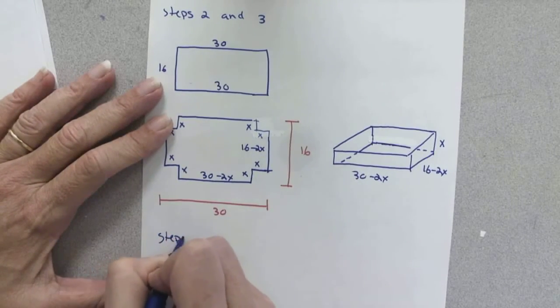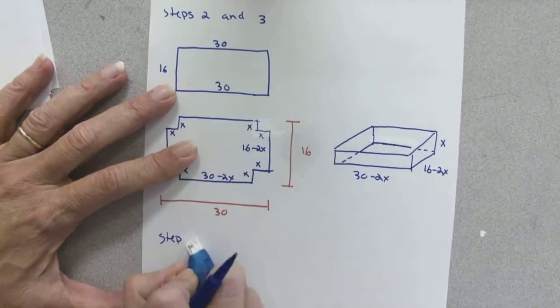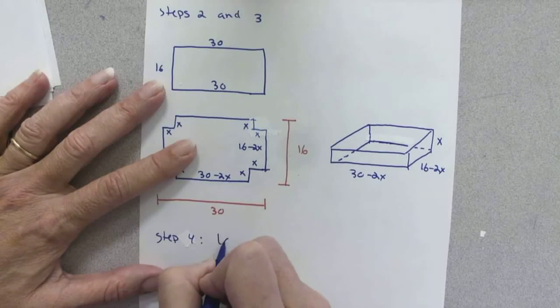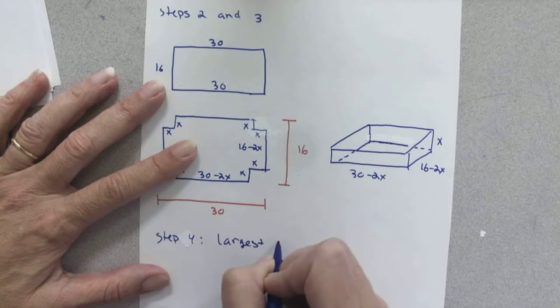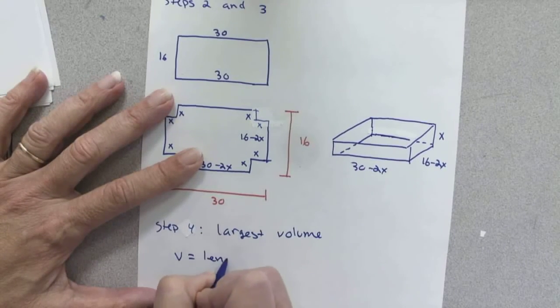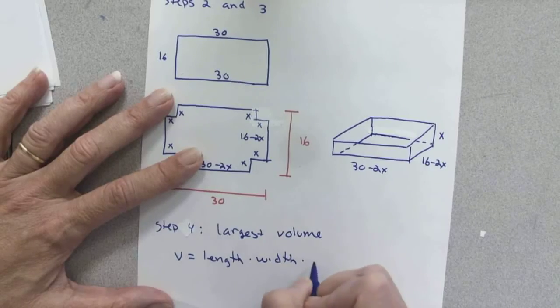Then step 4. It said to maximize the volume, largest volume. Well, volume is length times width times height.